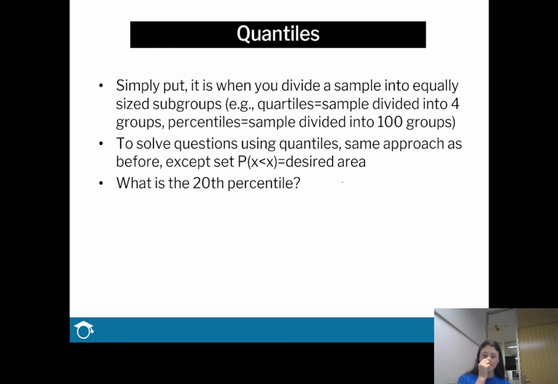Okay, next we have quantiles. Quantiles are a way of describing the statistical, or like what group a statistic falls into.